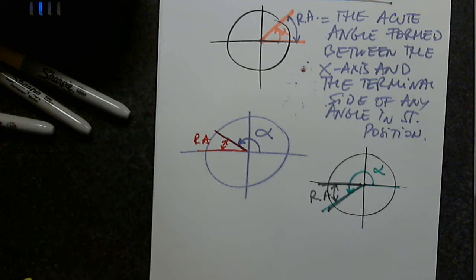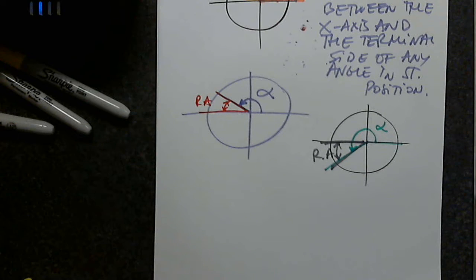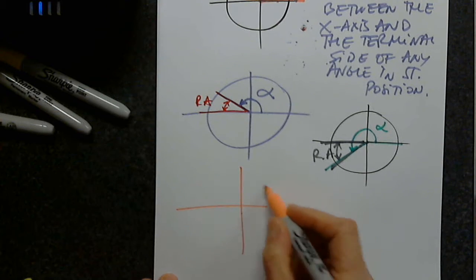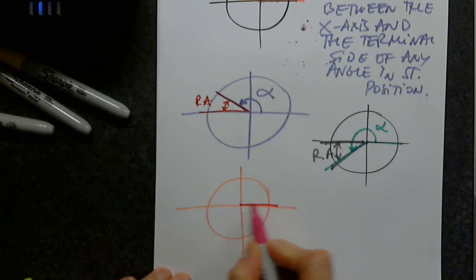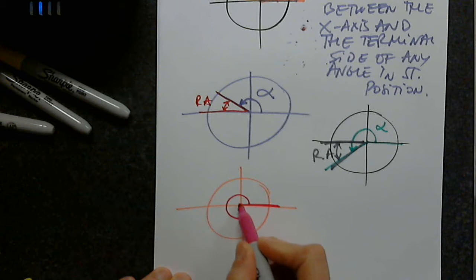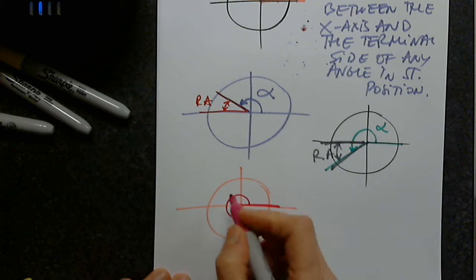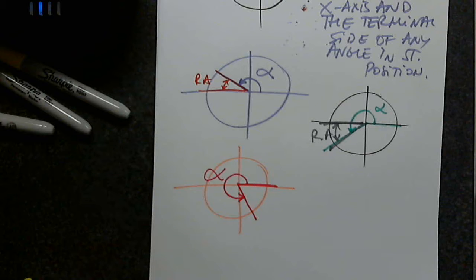Any questions? And the last one. Let's say an angle with the terminal side in the fourth quadrant. Standard position, of course. This is angle alpha. Where is its reference angle?